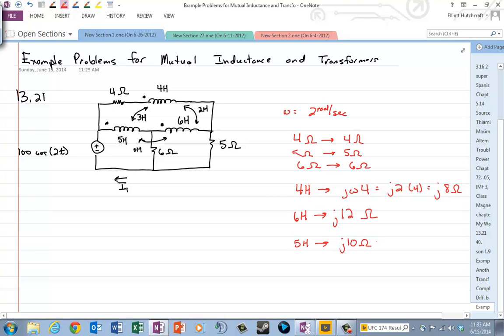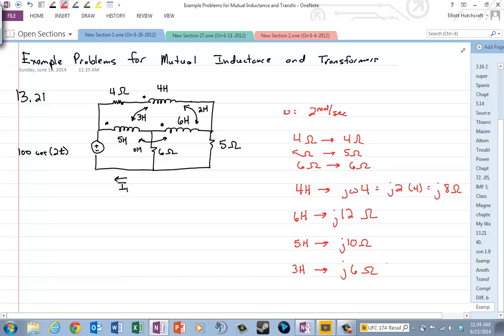Now that's not it, because notice we also have these mutual inductance terms that are going to be related to the 3 Henry and the 2 Henry mutual inductances. So we have that 3 Henry will go to j6 ohms.